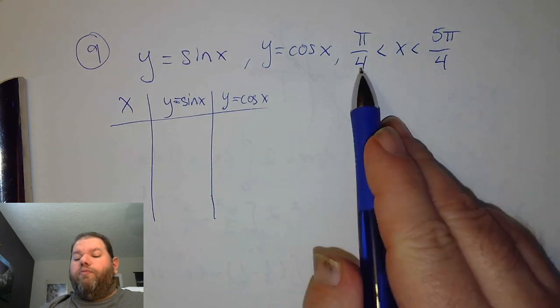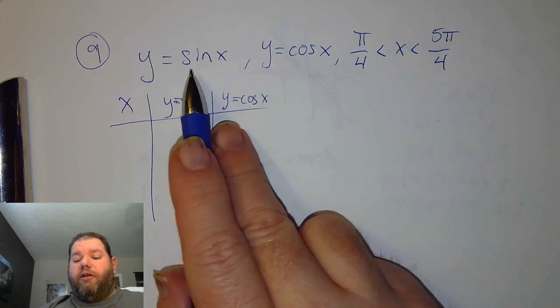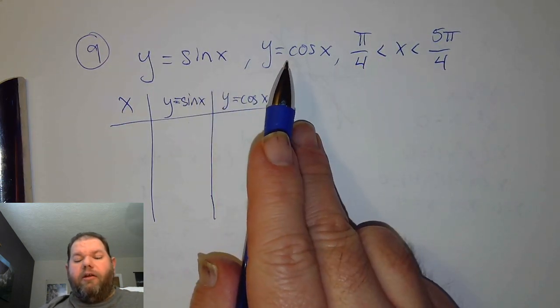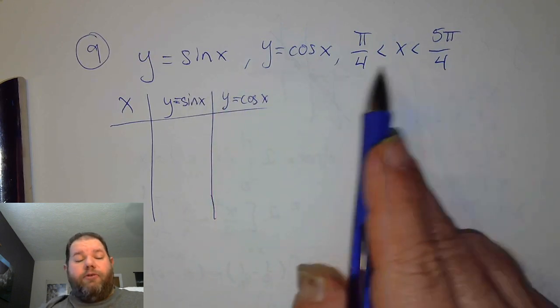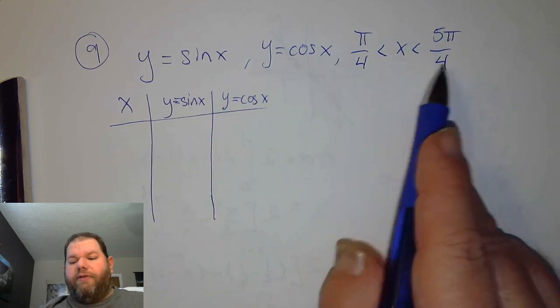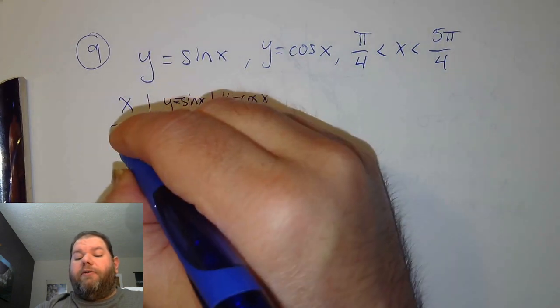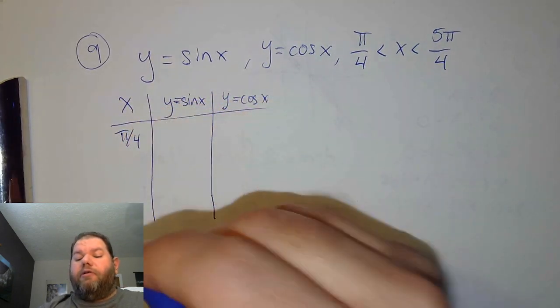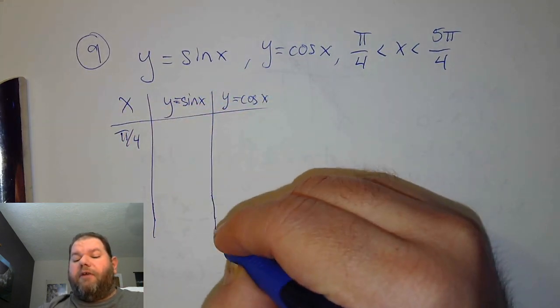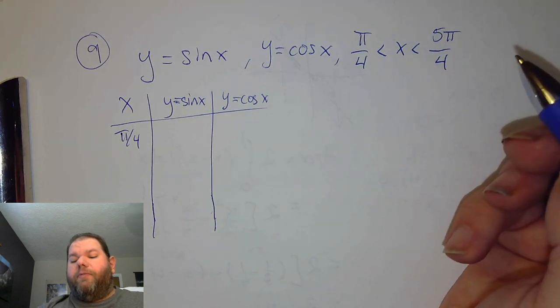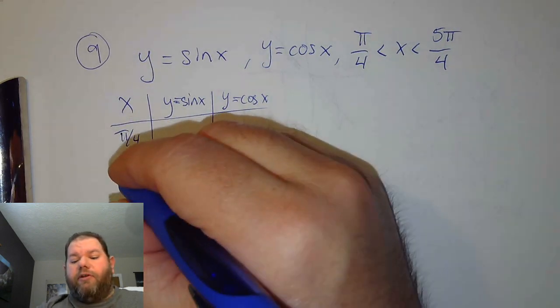Now, in cases where there's trig functions, I'll be sure to give you a range of values like this. So we know that we want to start at pi over 4, and we want to end at 5 pi over 4. So let's pick a few more values in between that we can plot.